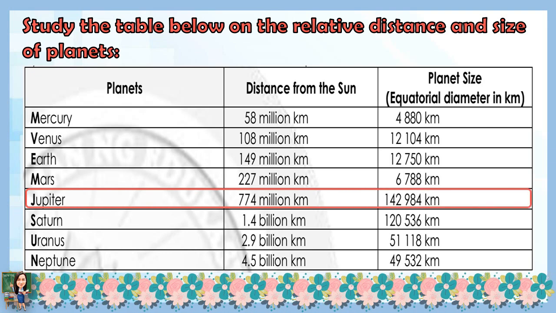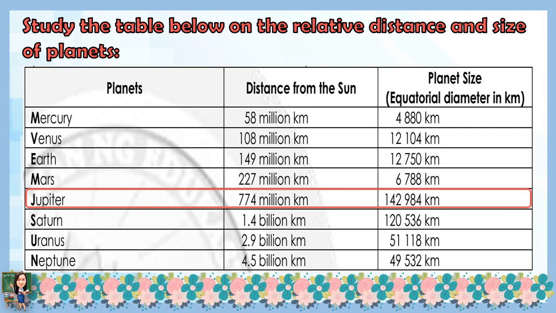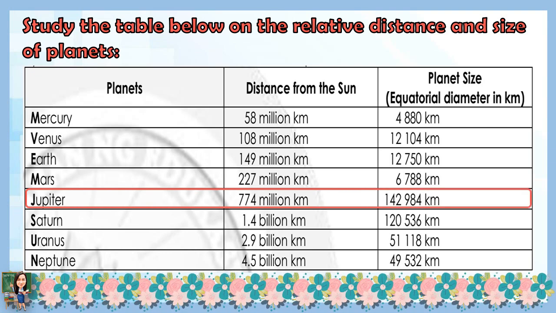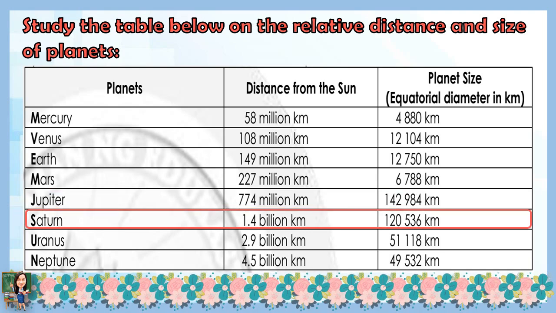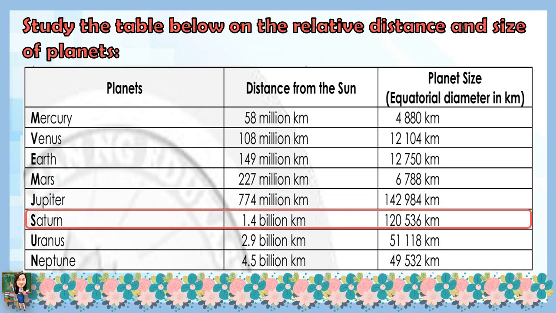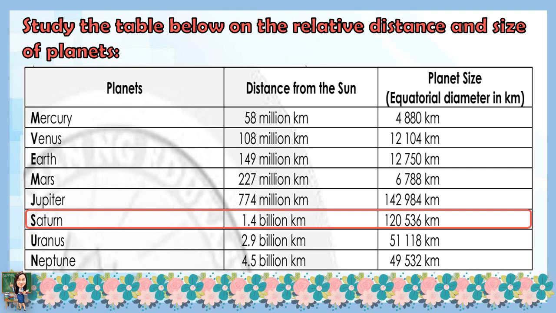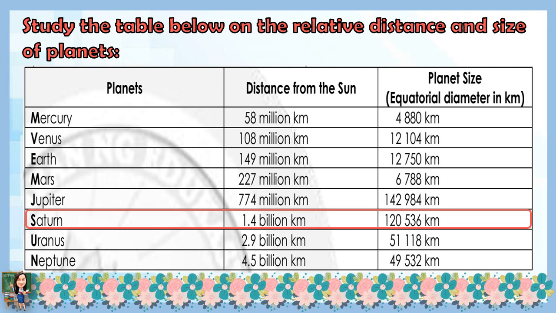Planet Jupiter has 774 million kilometers distance from the Sun and 142,984 kilometers planet size. The planet Saturn has 1.4 billion kilometers distance from the Sun and 120,536 kilometers planet size.